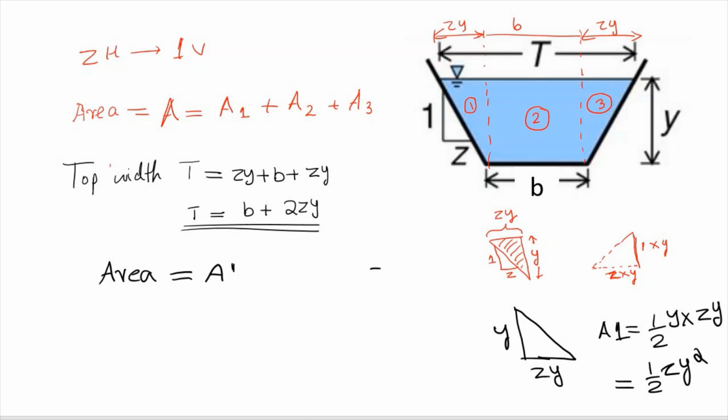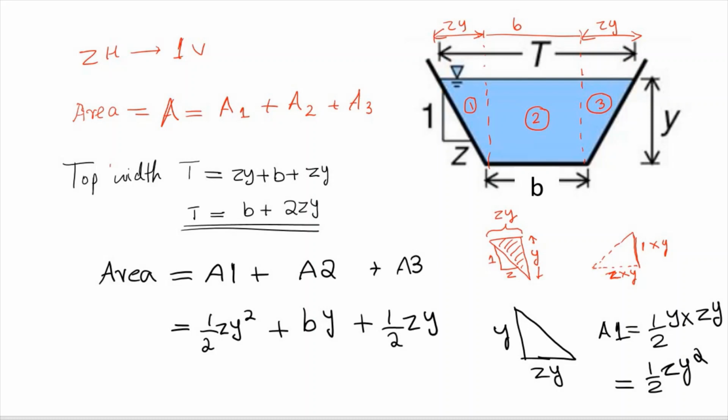So I can write total area of the trapezoid is equal to area of section 1 plus area of section 2 plus area of section 3. Now we have area of section 1 is half into zy square, and section 2 is a rectangle with base width b and y as depth. So the area is b into y, and third section is also another triangle with same area, half into zy square.